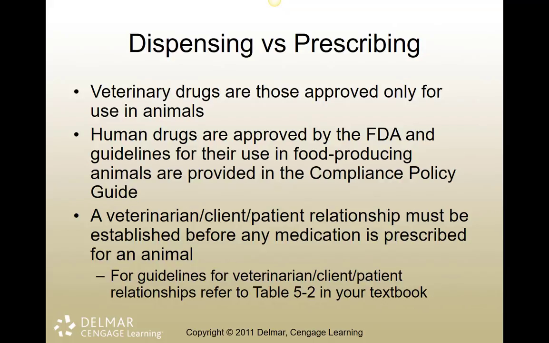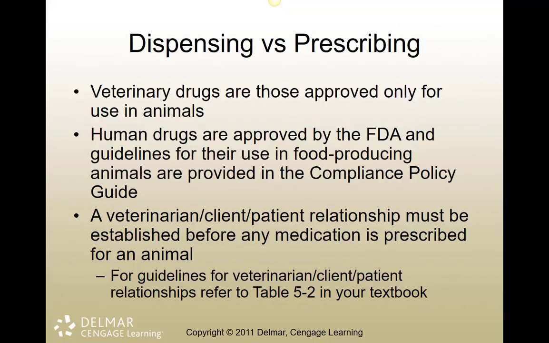Whether I'm dispensing or prescribing, I have to establish a valid veterinary client-patient relationship, or VCPR. It has to be in place. That means I have to agree to take somebody on as a client, agree to take their animal on as a patient, and I've had to see them within the last year. If I have, then I'm able to write a prescription for that animal or dispense medication for that animal.